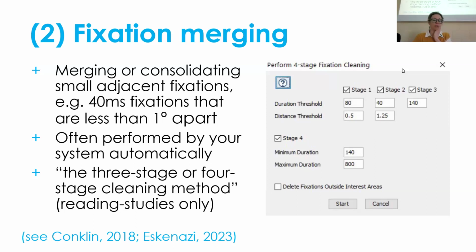This, however, applies for reading studies for the most part, so we don't really use it. We untick stage 1, stage 2, stage 3, and we perform only stage 4, which is basically the trimming that we talked about in the previous slide. So you do both in the same option. Obviously, here we would have 80 milliseconds as the minimum and 800 or 1000 as the maximum, right?